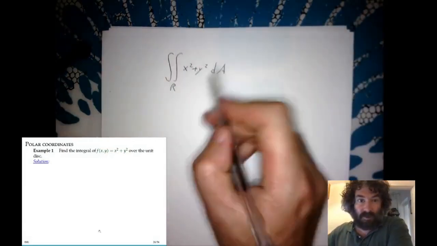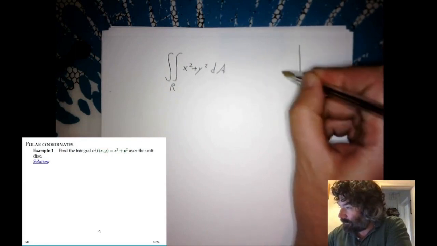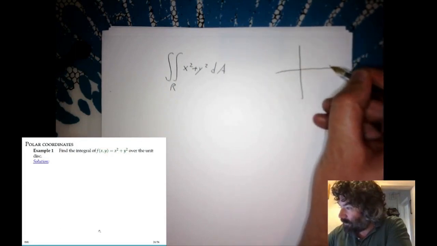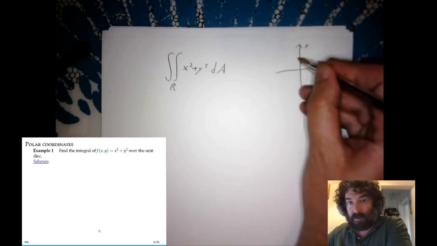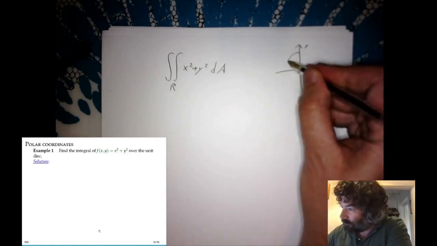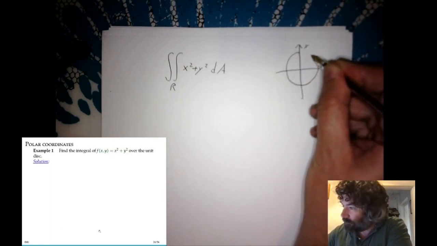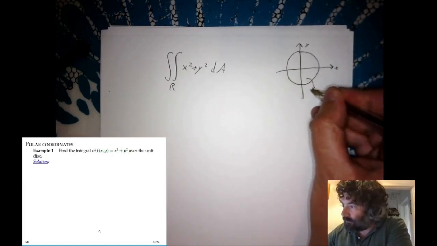And the region R we want to integrate over is the unit disk. So let me just draw the unit disk in the xy plane. And the unit disk is the set of points that have distance less than or equal to 1 from the origin. All right, and so this is the unit disk.